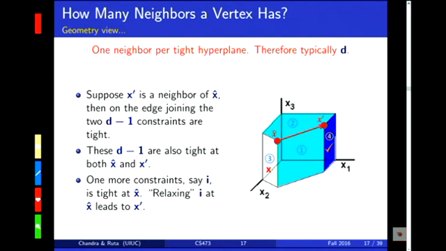As I leave, I relax different hyperplanes, and I go to different neighbors. So essentially, if d hyperplanes are tight at a vertex, then you have d neighbors, typically. There are exceptions, and we'll see what happens with the exceptions.